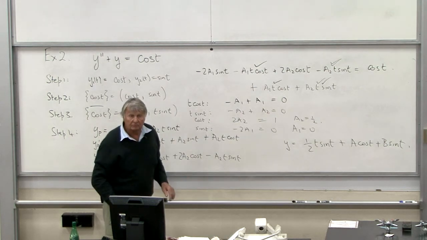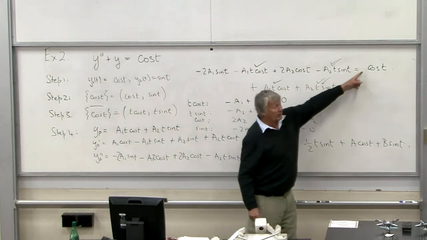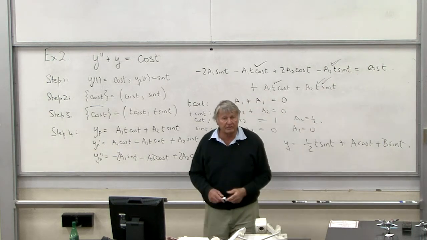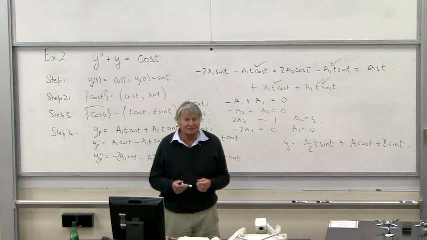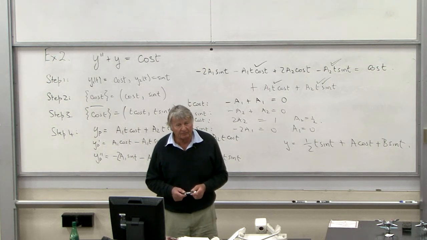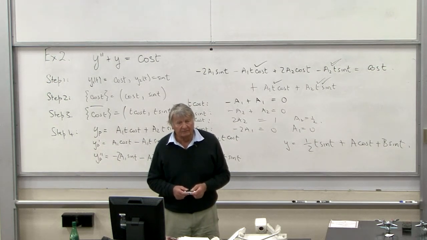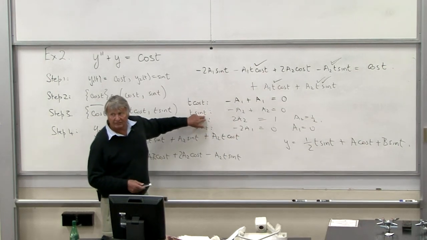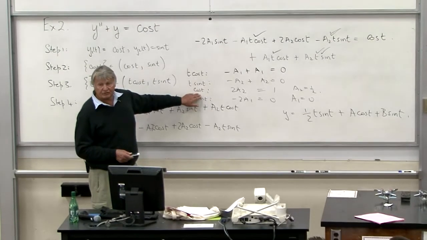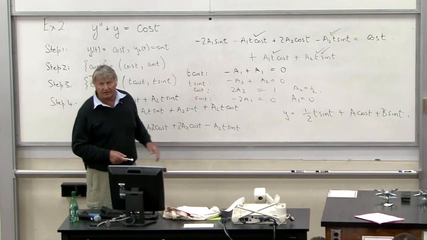So that's 0, because there's 0 on the right-hand side. There's no t cos t on the right-hand side. I'm just equating coefficients of t cos t on both sides. Then in here, I'm equating coefficients of t sine t on both sides. Here, I'm equating coefficients of cos t, and here of sine t.